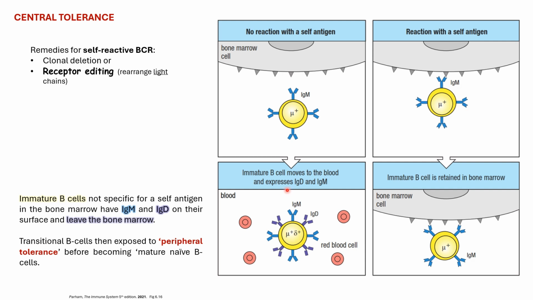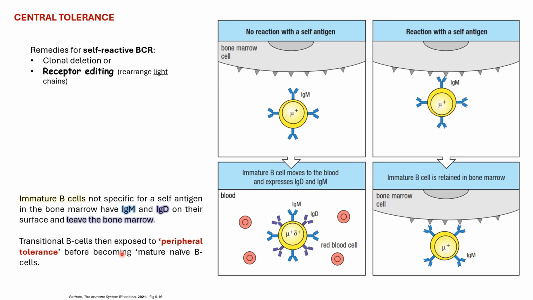They still need to undergo some negative selection, because not all self-antigens are going to be present in the bone marrow, and there are some self-antigens which are only expressed in very specific places in the body. So human B cells are given a chance through various locations to interact with self-antigens and be selected against, and we call that peripheral tolerance.